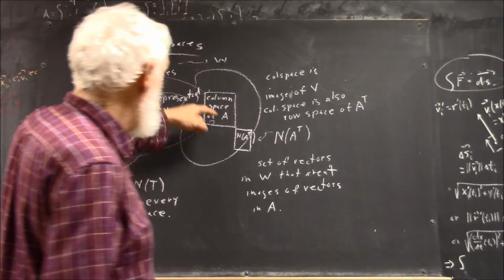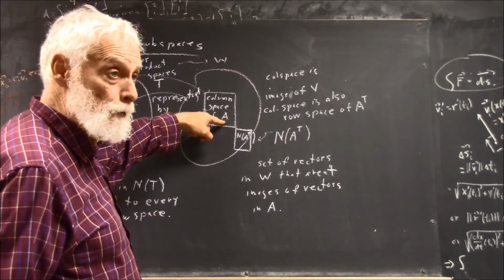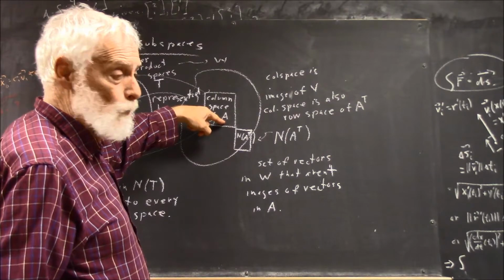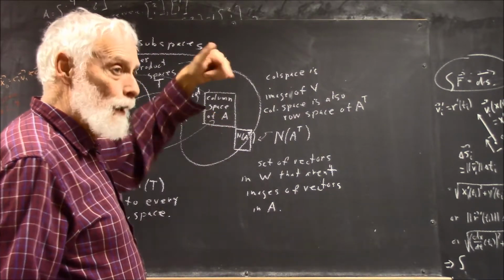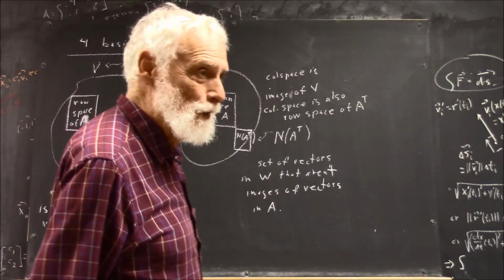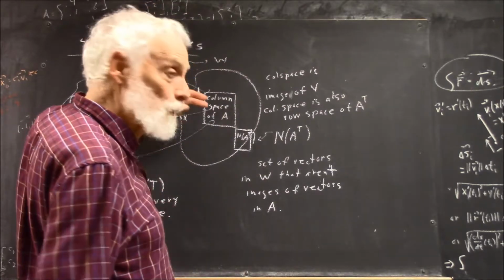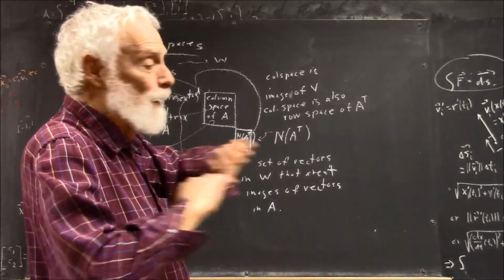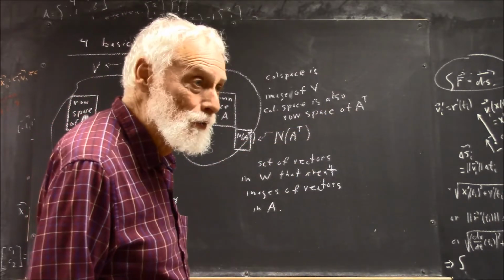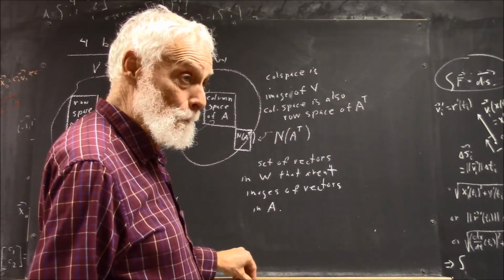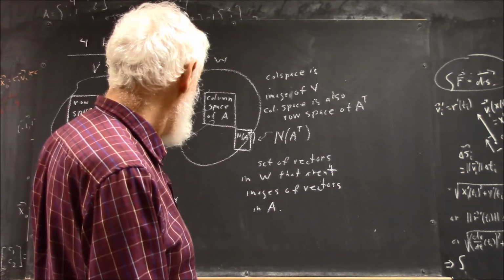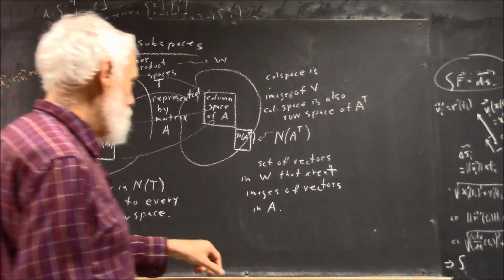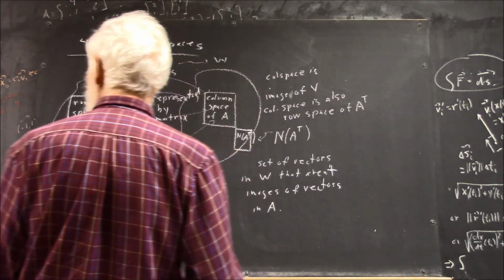So you call this the column space of A or the row space of A transpose. And why is that? Well, the columns of A are the rows of A transpose, so the span of the columns of A is exactly the same as the span of the rows of A transpose. So, very simple. And I will say, you want to start digesting this idea.